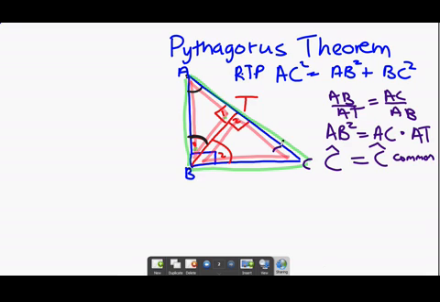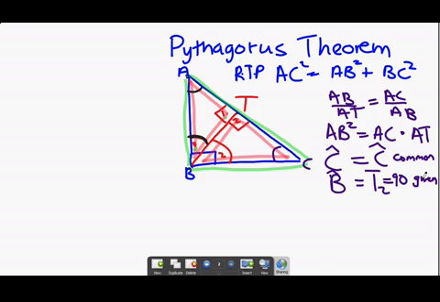In other words, this C belongs to the big triangle, and it also belongs to the smaller triangle. We also know that the big triangle has angle B, which is 90, and the other small triangle has T2 for its 90, and the reason is given.